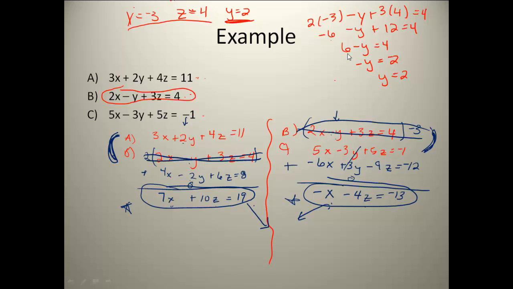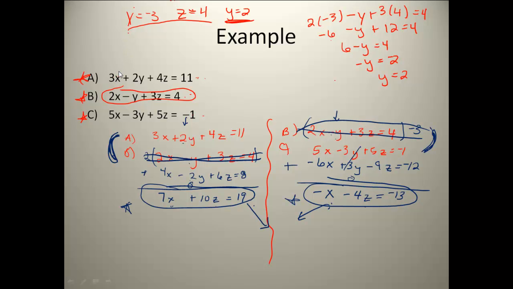Now I have found all three of my variables, but I have to check them in order to make sure that I didn't make a mistake somewhere. In order to check them, all three of these equations have to be true when I plug in my x, y, and z. So I'm going to do that and see if it turns out right. I'm going to do my top equation first.